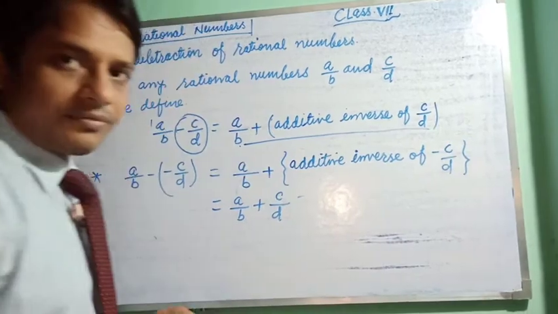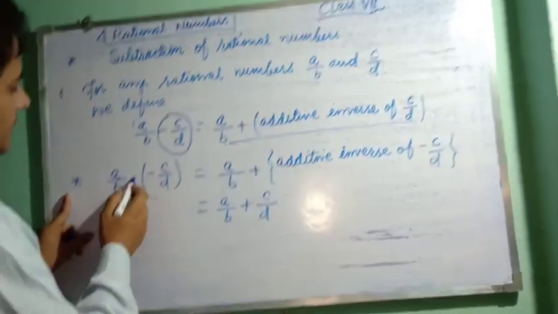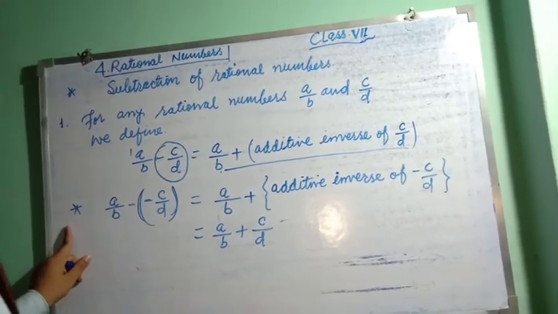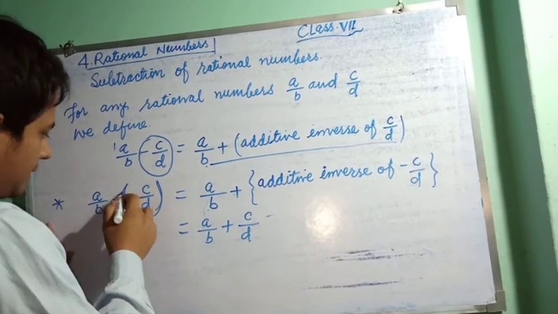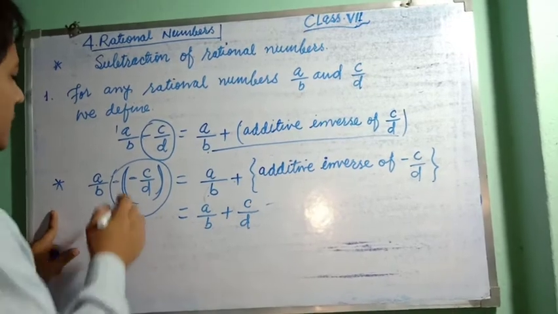Now similarly, have a look. Suppose a by b minus bracket minus c by d gives us a by b plus the additive inverse of minus c by d.